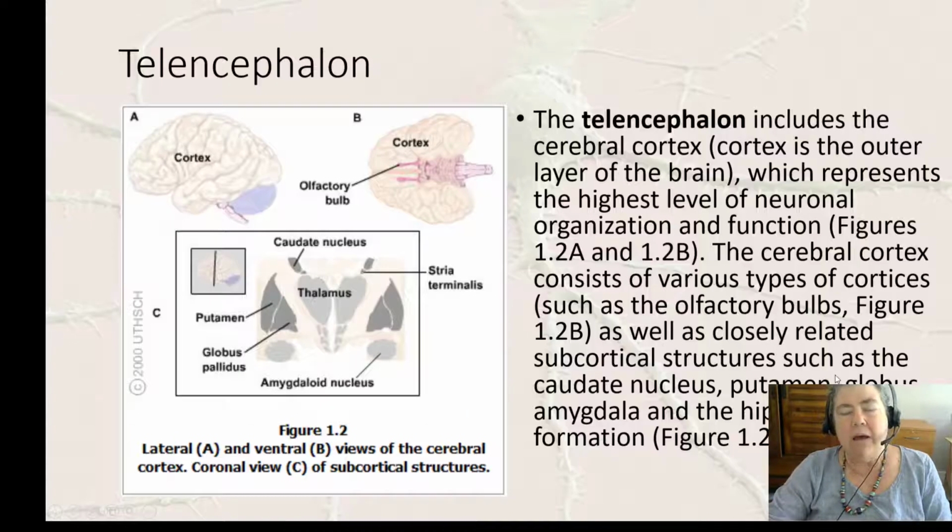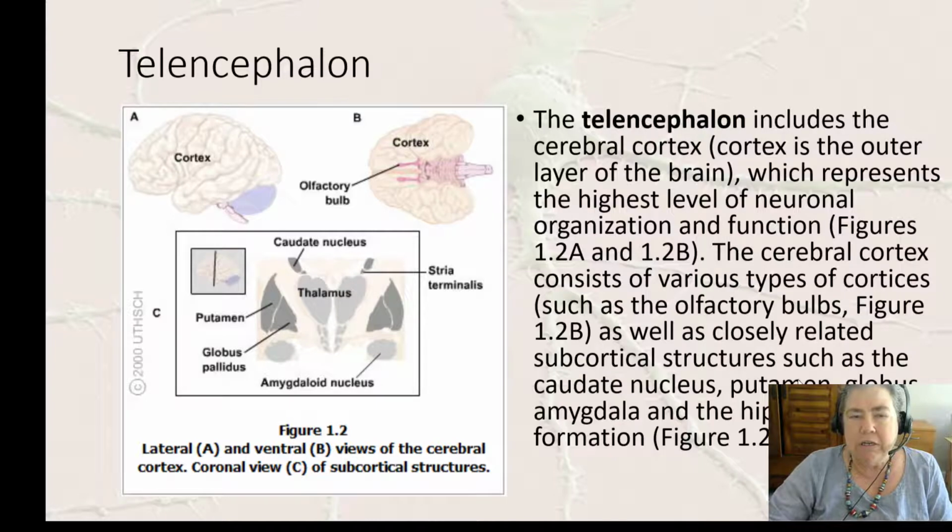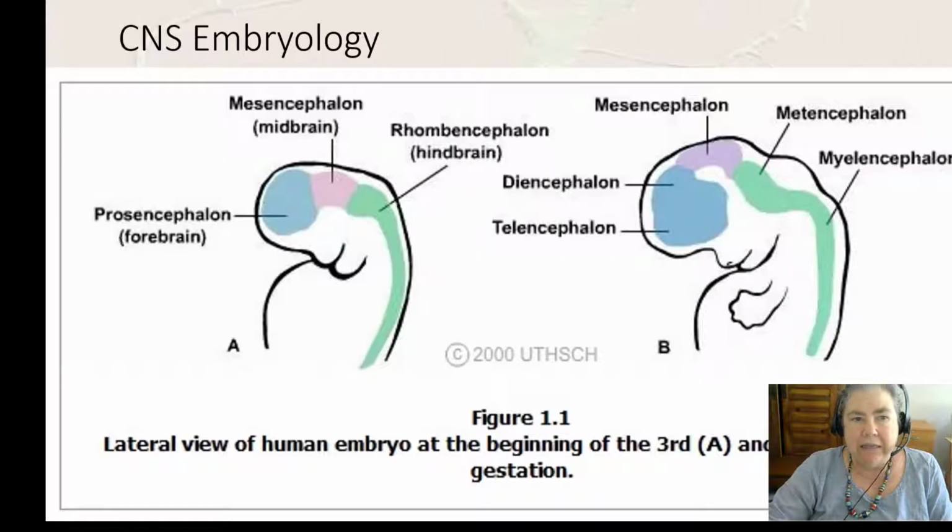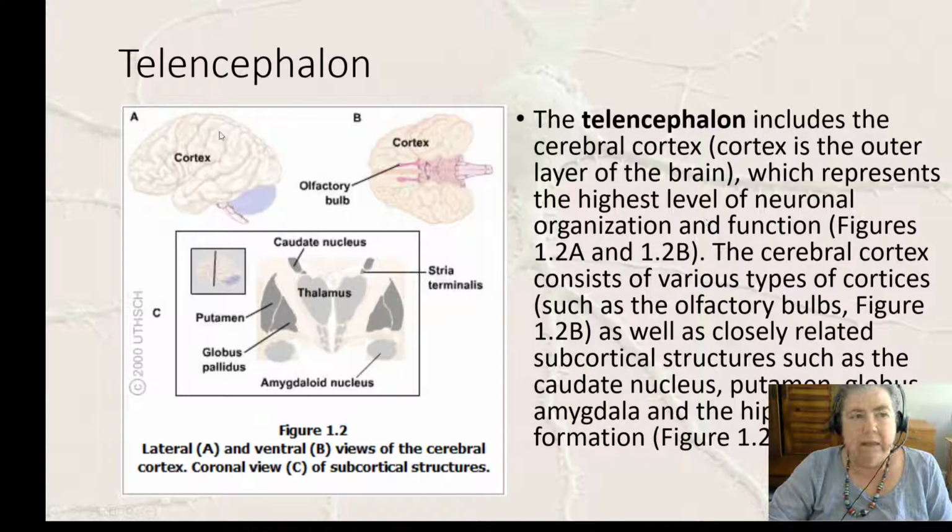So I mentioned the telencephalon, which is a development of the forebrain that forms into the cerebral cortex, that layer of gray matter of neurons that is the highest level of organization and function of neurons.